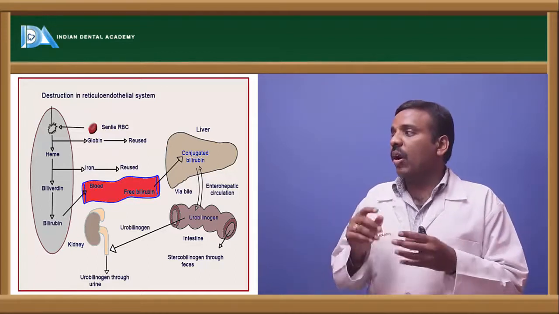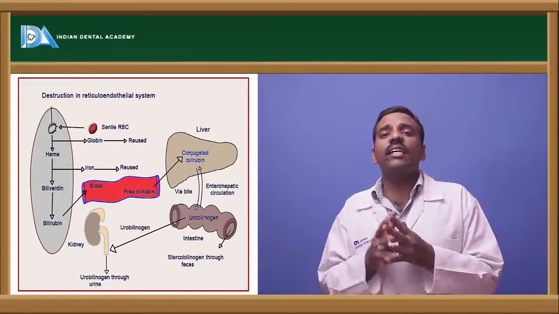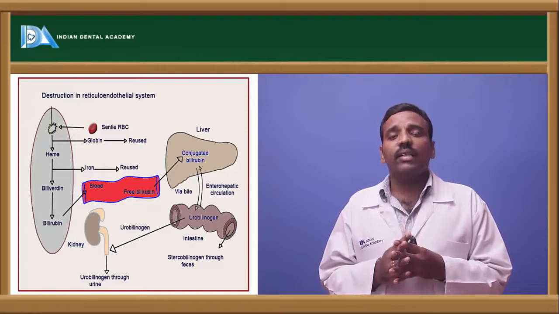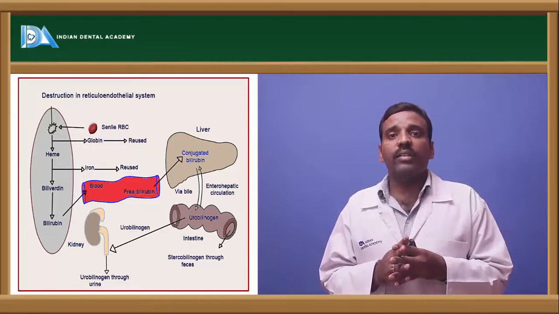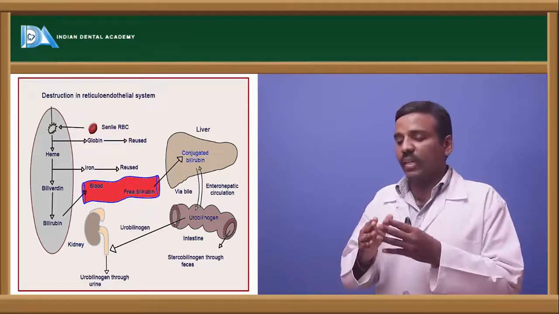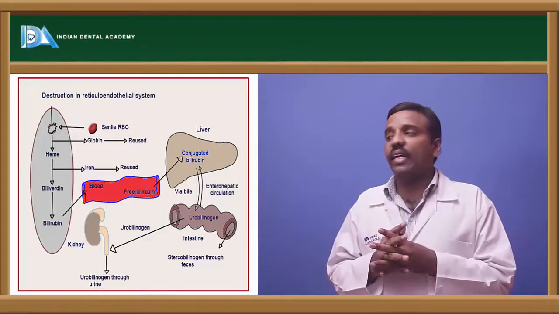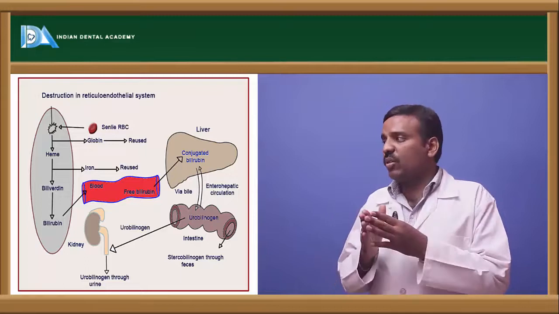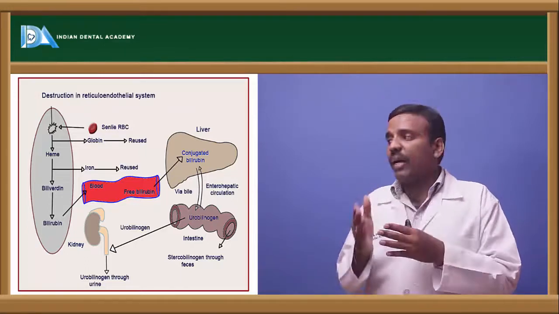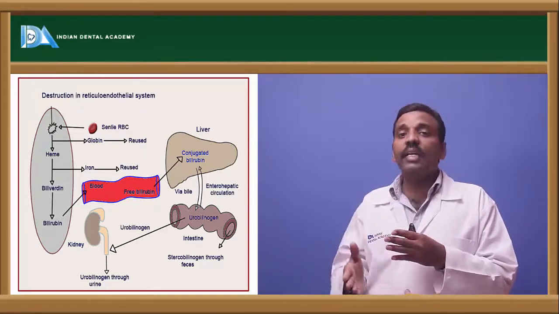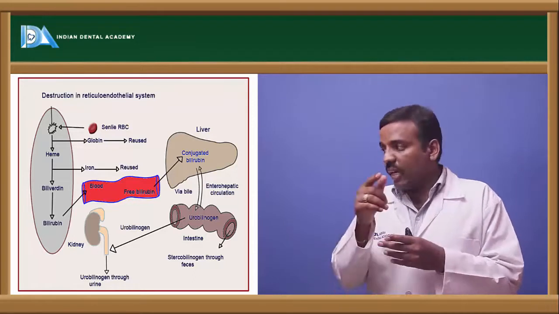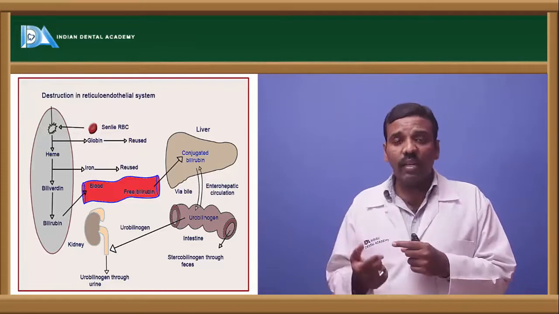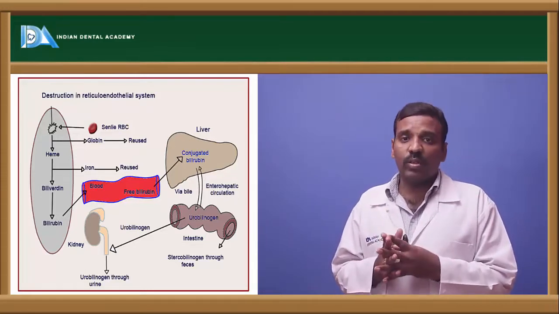When bilirubin enters into the blood, that is called free bilirubin, and this free bilirubin, when it comes to the liver, is called conjugated bilirubin. This conjugated bilirubin through the hepatic circulation via the bile enters into the intestine, and then through the enterohepatic circulation, it goes back.